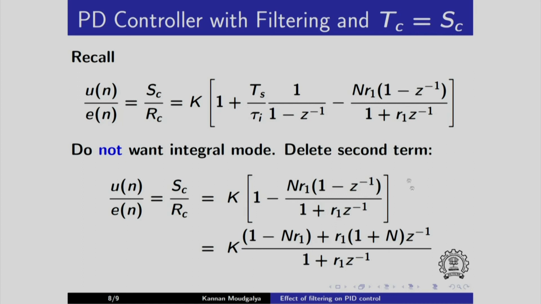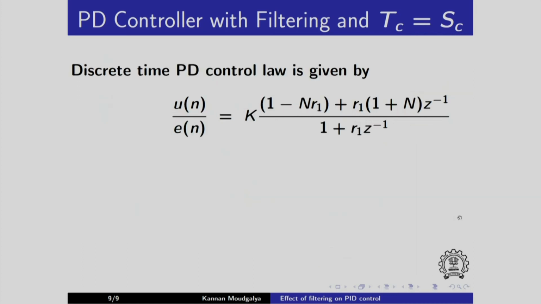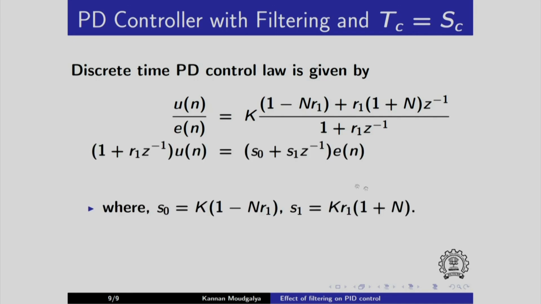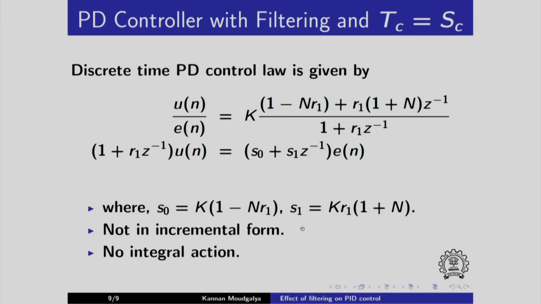The expression for R1 is same as before, and I can cross multiply this to arrive at this control law, and expressions for S0 and S1 are new. You will have to derive these, verify that you indeed get these expressions. This is also not in incremental form.